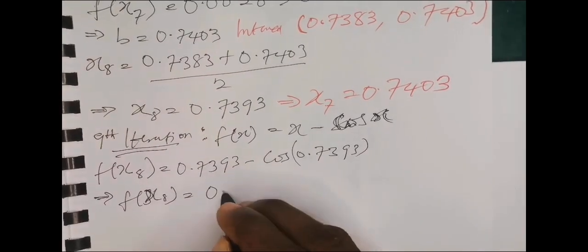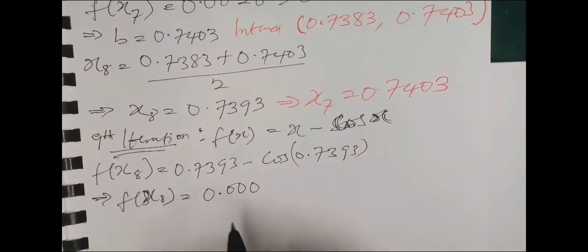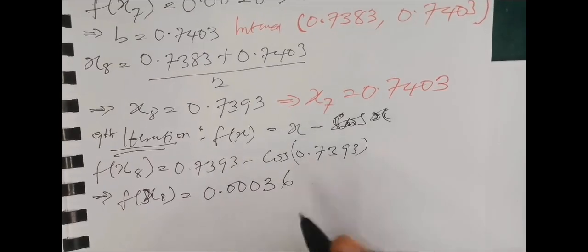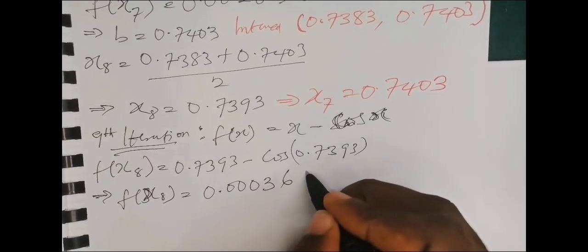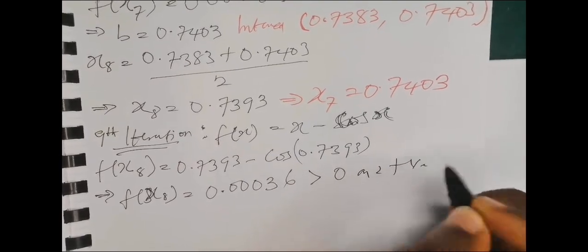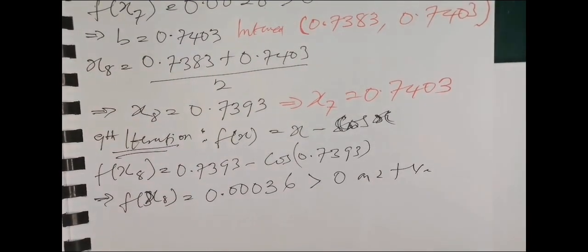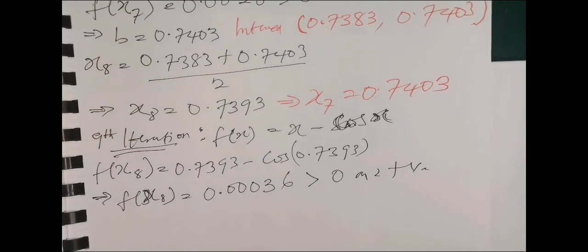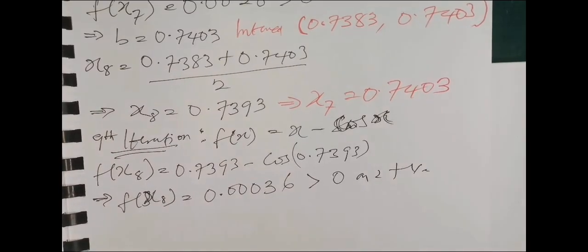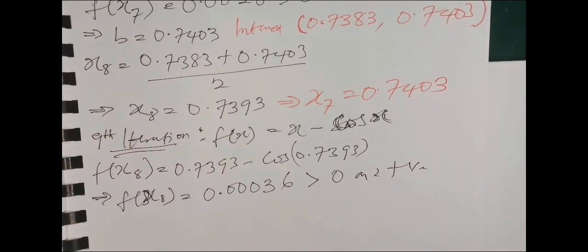0.00036 approximately. Now this value is greater than 0 and it is positive. Since this value gives us a positive result, it means it's going to be replacing b from the interval.